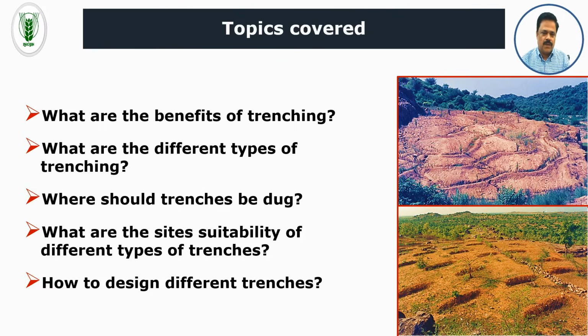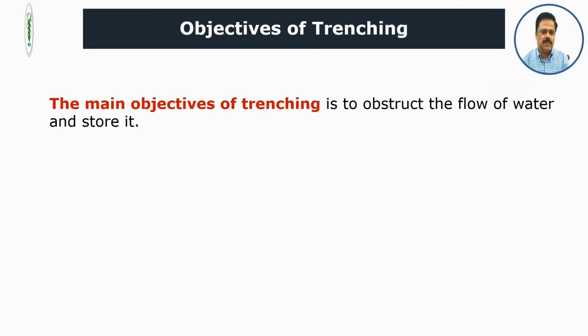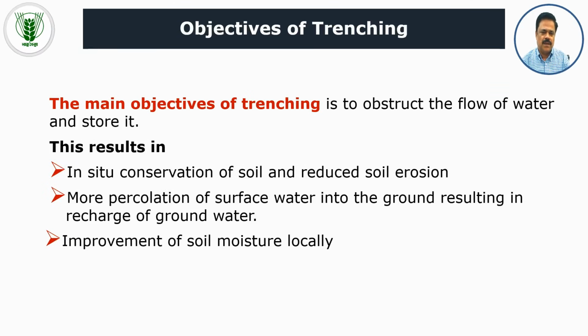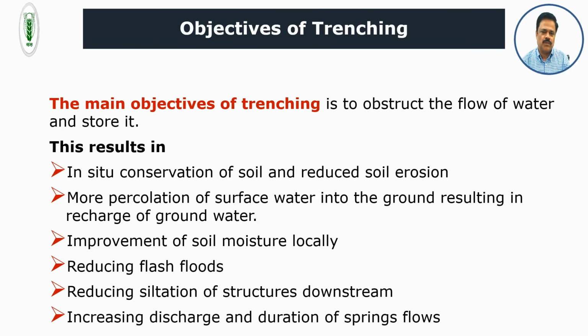So, let's see what are the main objectives of trenching. The objective is to obstruct the flow of water and store it. This results in conservation of soil and reduces soil erosion. More percolation of surface water into the ground could result in recharge of groundwater because of more opportunity time.